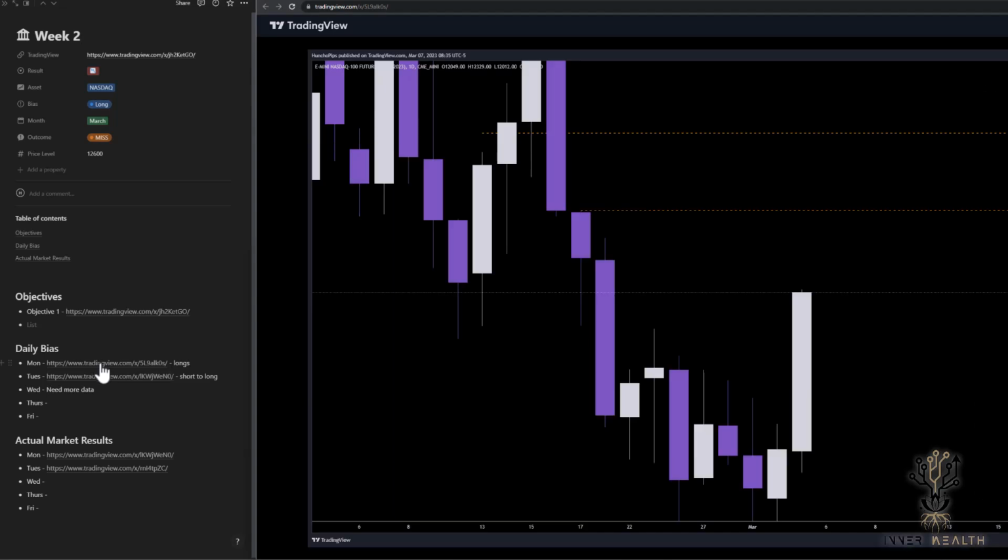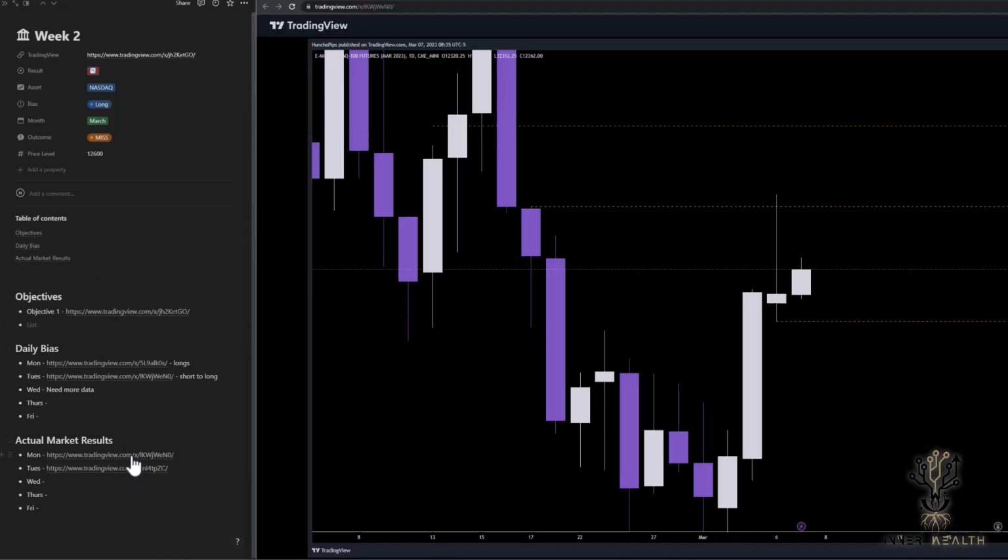Okay, go to longs on Monday. I wanted to see more longs up to that high, okay, on Monday. And so that's what my bias was for Nasdaq. And then Monday, the actual result was that we went long pretty nicely, okay. And then I'm looking for shorts on Tuesday, I believe, shorts to then long out of that area, okay.